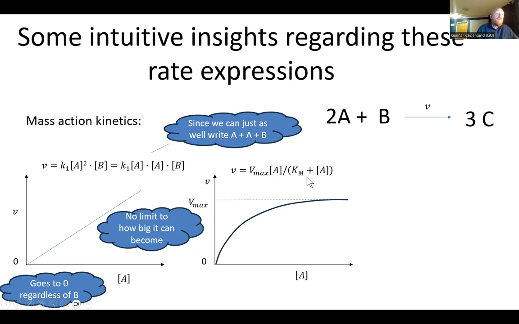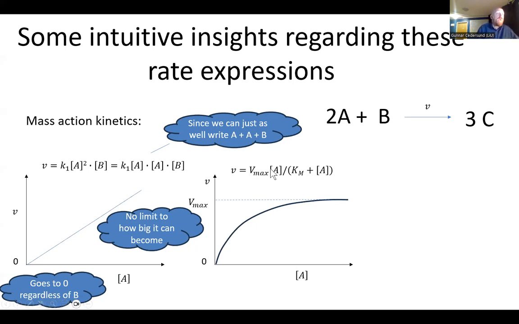And what about when you are sort of halfway there? When A is of the same size, so when A and Km are the same, then it will be A plus A here, or Km plus Km, and here also Km. So Km divided by 2 Km, which is just a half.